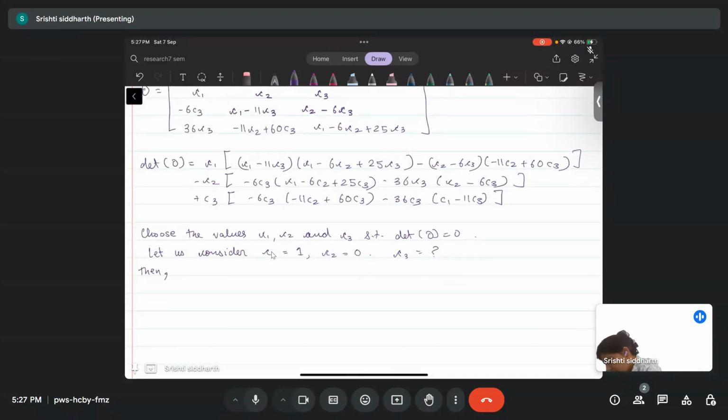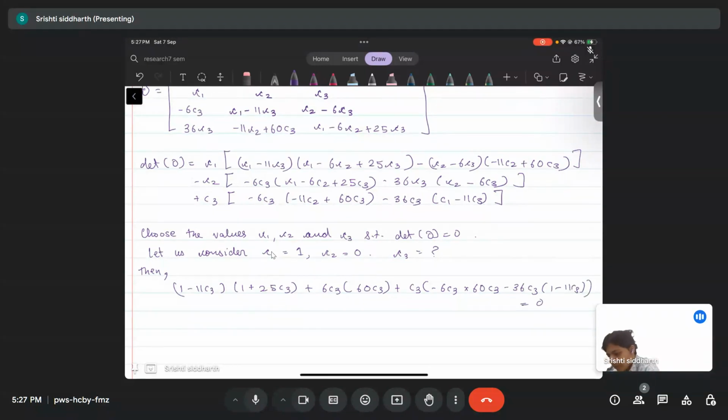So the first one becomes 1 minus 11 C3, 1 minus 1 plus 25 C3, then we have 60 C3 plus C3 minus 6 C3 to 60 C3, minus 36 C3 times 1 minus 11 C3.